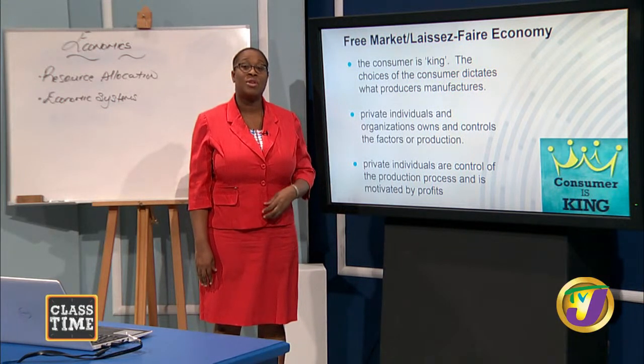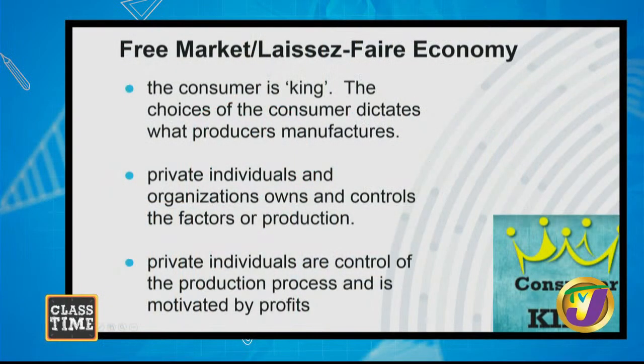This one is called the free market or the laissez-faire. And I will not be calling that term very often. I don't want to twist my tongue. Now, under this economic system, you'll find that the consumer is king, meaning the consumer dictates what must be produced.